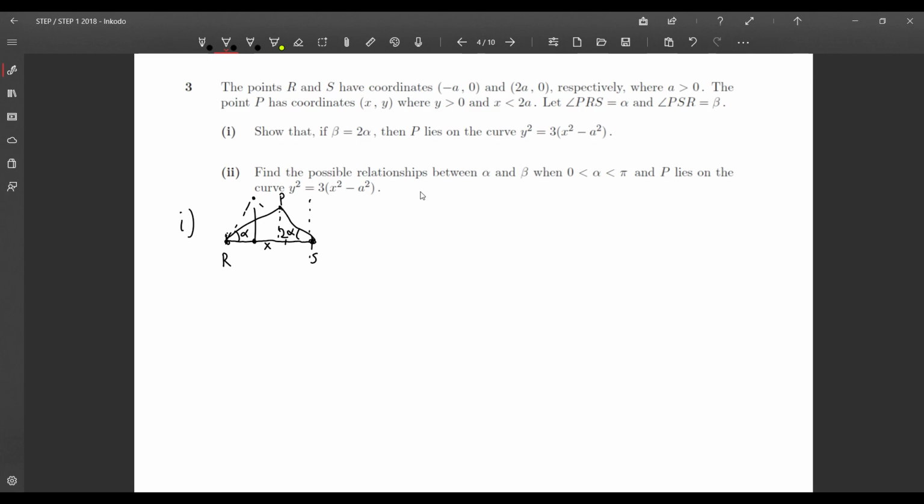I'm trying to show that x can't be negative. Okay, for the moment, let's assume x is positive.